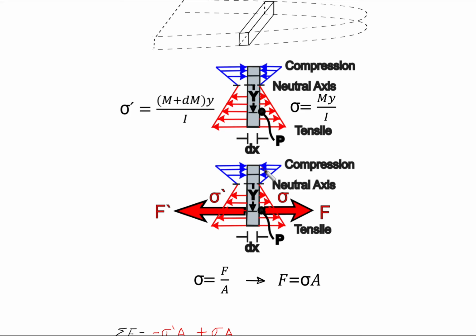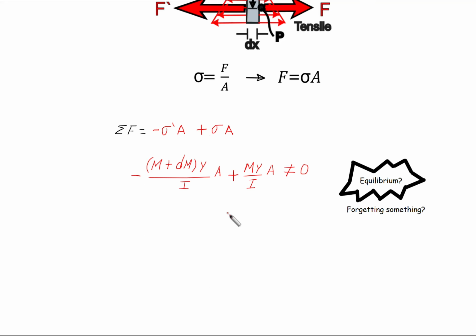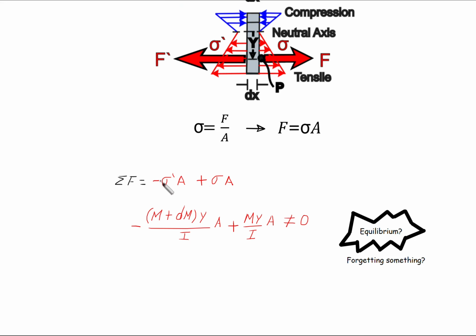So we have a problem, because if we are looking for equilibrium and both forces are different, we can check that the sum of forces is equal to minus sigma prime, this is sigma prime stress, times area, the same area since this is a really tiny element, plus the other force, sigma times area.